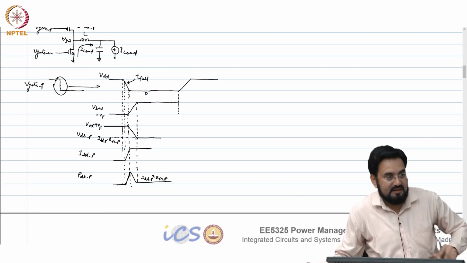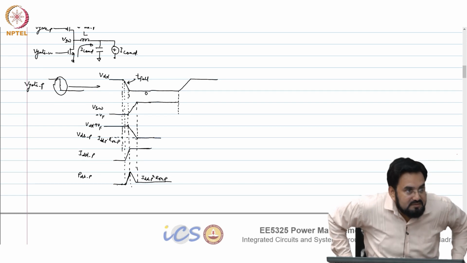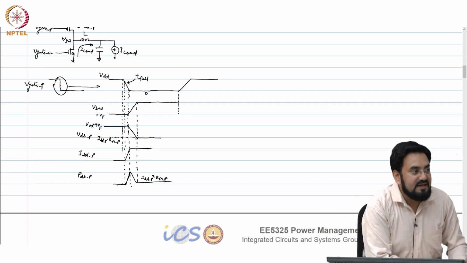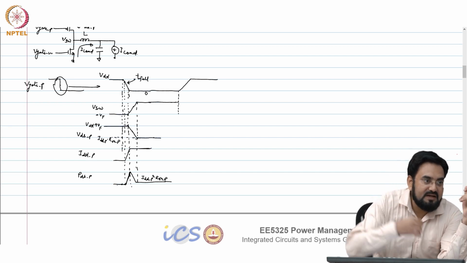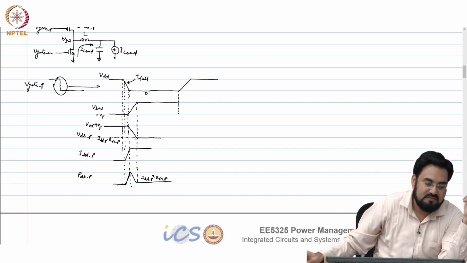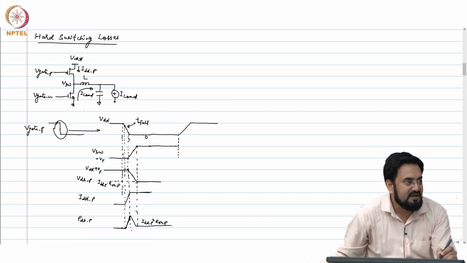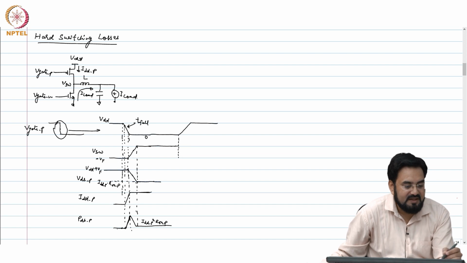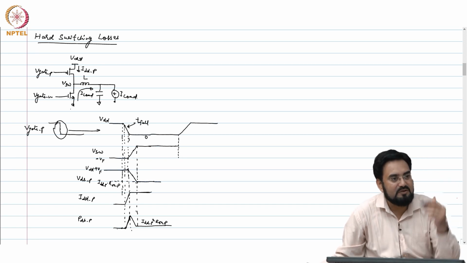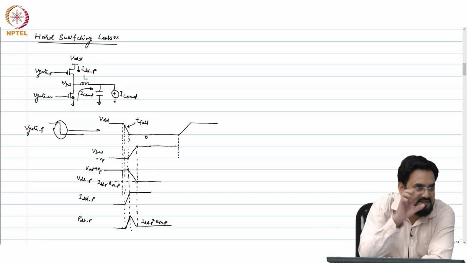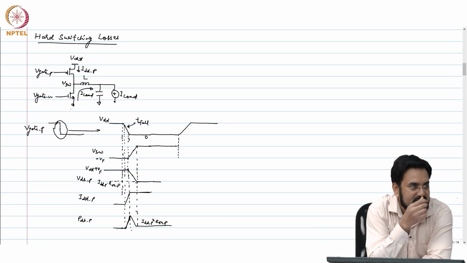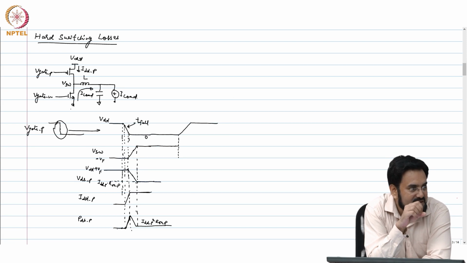But what will happen to the current? That diode has to become forward biased before the current will start flowing from the bottom FET, the body diode of the bottom FET. So, until the diode gets forward biased, the current will keep flowing through PMOS. But what is happening to the VDS? VDS is increasing. So, the current remains same, but VDS keeps on increasing.